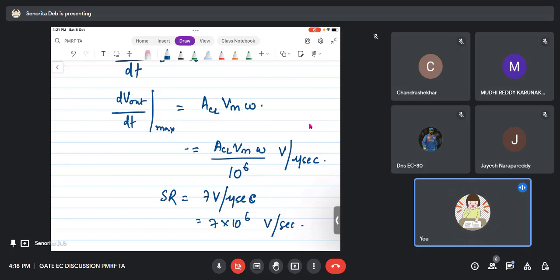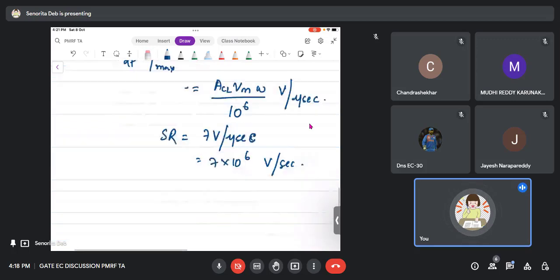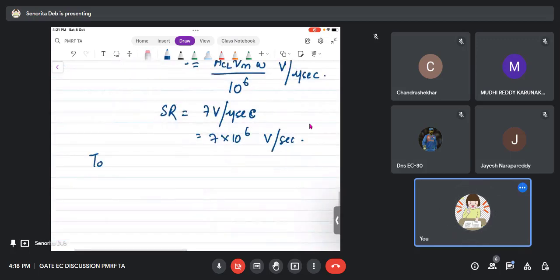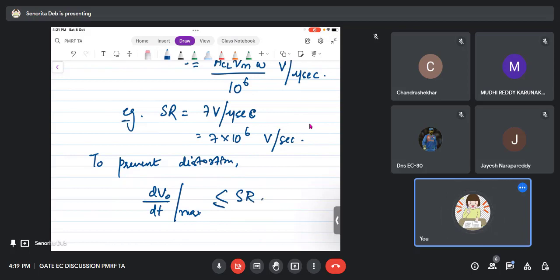To prevent distortion, dV naught by dt max that we just found out should always be less than the slew rate of your op-amp.